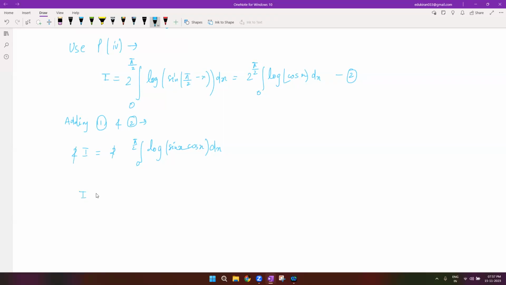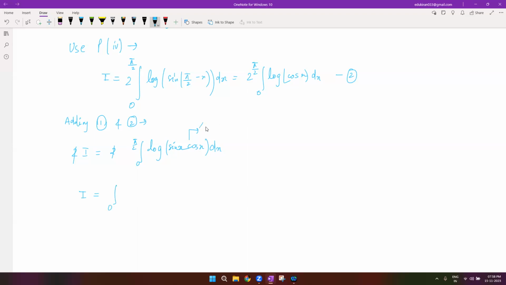This becomes I. Now, this can again be written as sine 2x upon 2. If you multiply the numerator and denominator here by 2, this becomes 2 sine x cos x upon 2. And 2 sine x cos x can be written as sine 2x.